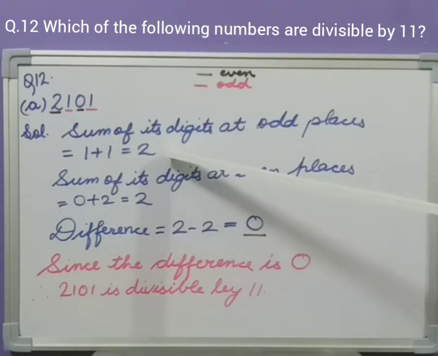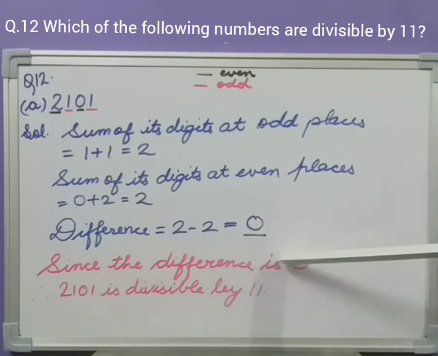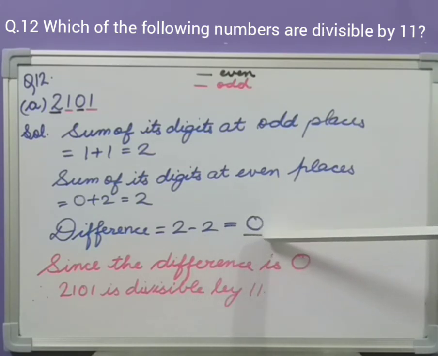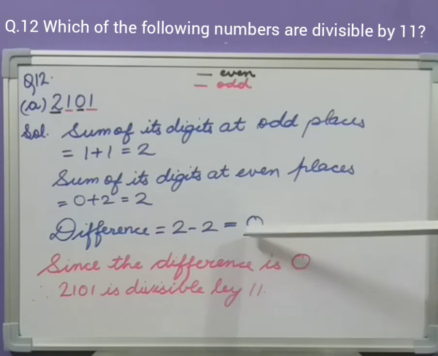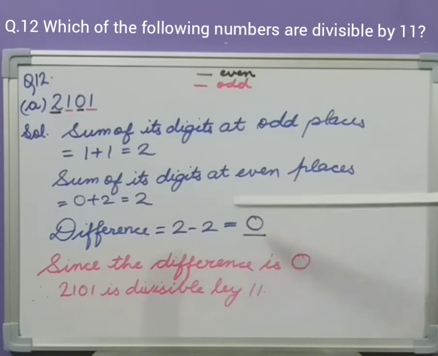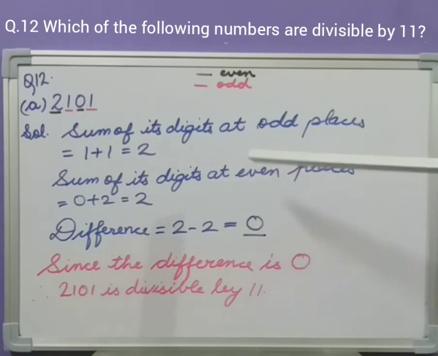Now, here the sum is 2 and here the sum is 2. So, 2 minus 2 gives us 0. Now, if the difference is 0 or 11, it should be 0 or 11, then only the number will be divisible by 11. If it is not 0, not 11, then it will not be divisible by 11.